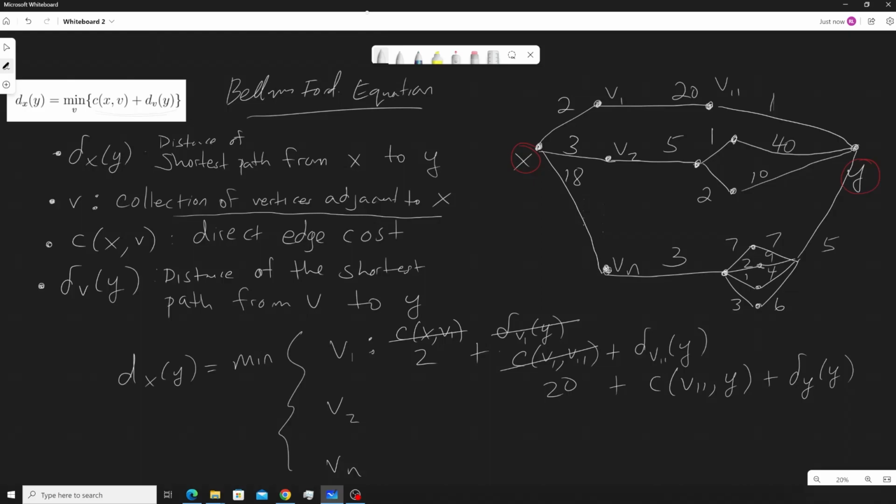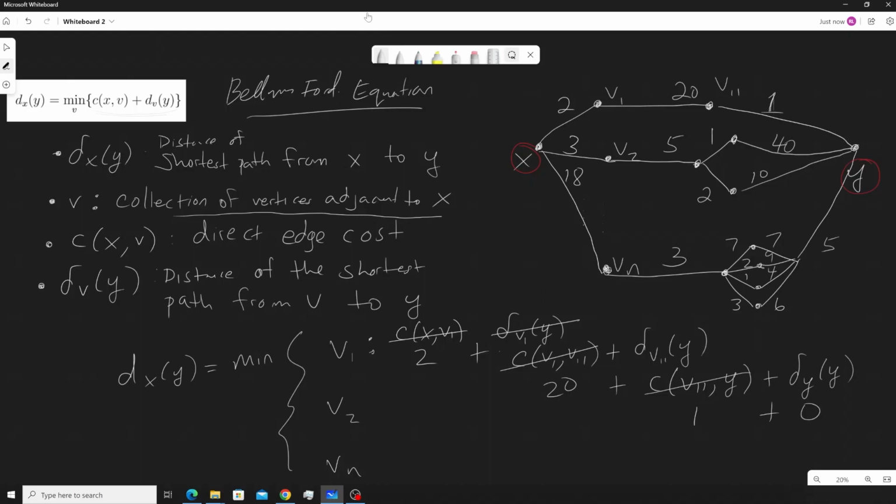This is 1. And how much does it cost to get to y from y? It costs nothing, so we are done. The total cost here is, we could just add the edges, 2 plus 20 plus 1, so we get 23.